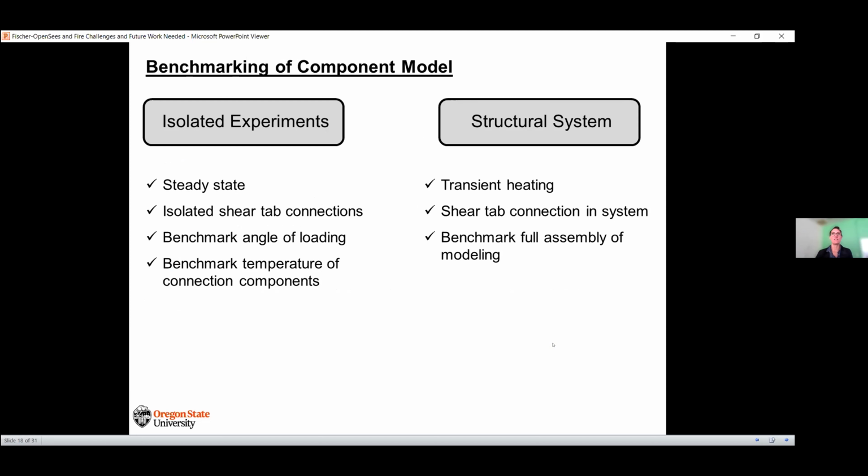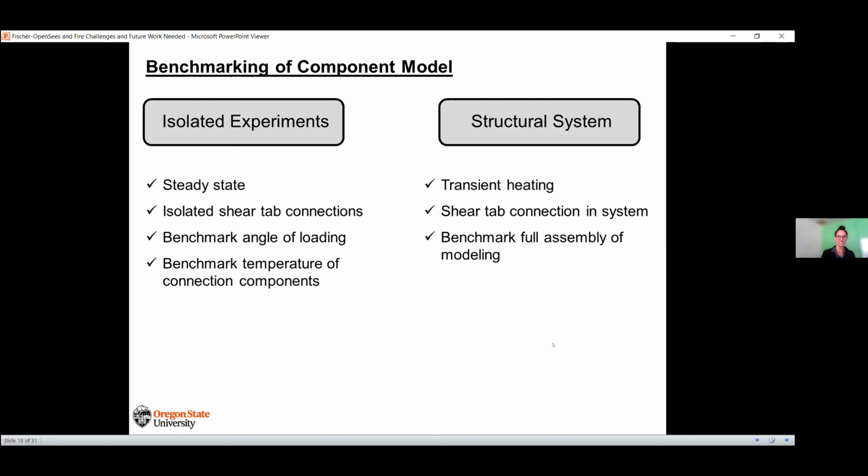They've loaded until failure at different angles to the stub beam itself, and I'll show you what that looks like in a second. That allows us to benchmark our assembled component model against different temperatures and different loading angles, seeing how we're doing in being able to simulate this.